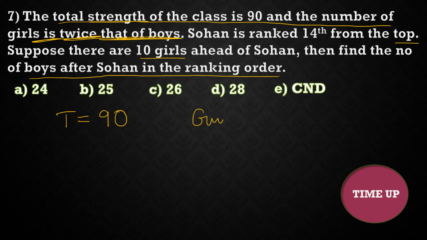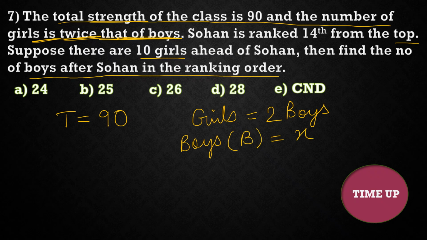Girls is twice that of boys. Correct? So if we take boys as X, in short I'll write B, that is X. Then girls, that is G, will be 2X, correct?